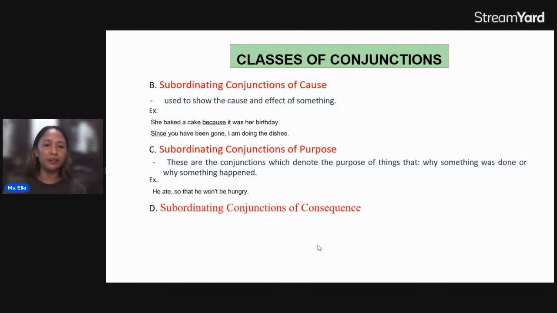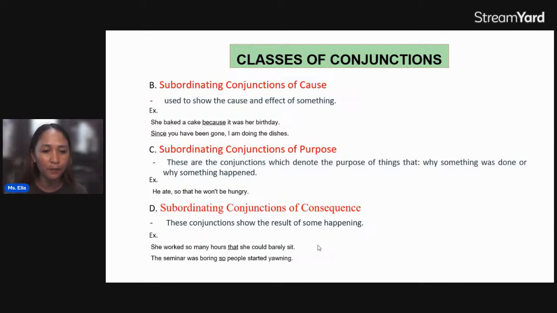Next, we have subordinating conjunctions of consequence. Consequence shows the result of some happening. For example, "She worked so many hours that she could barely sit." That's the consequence.